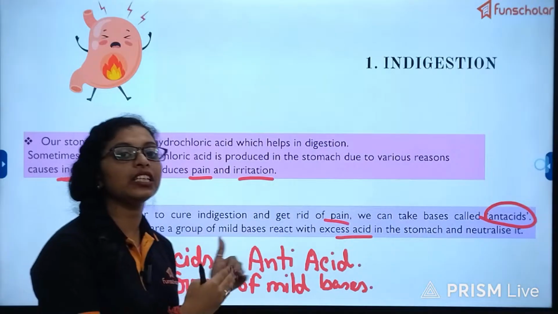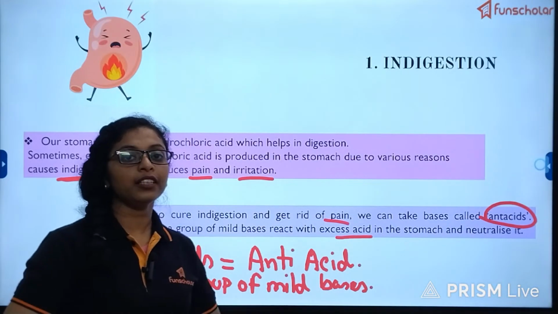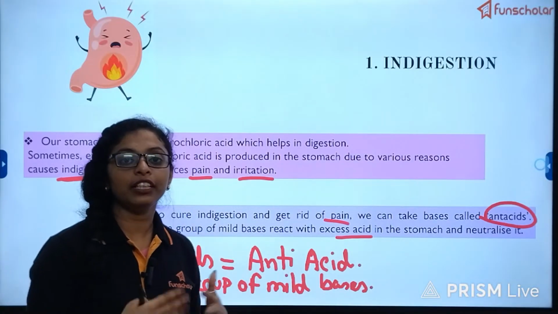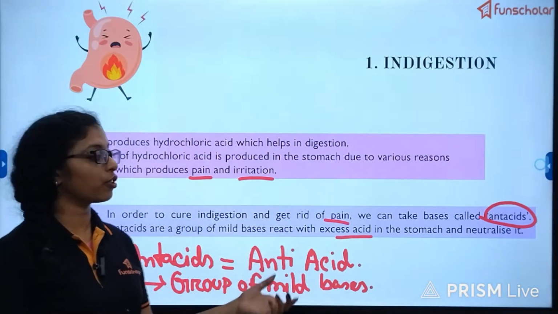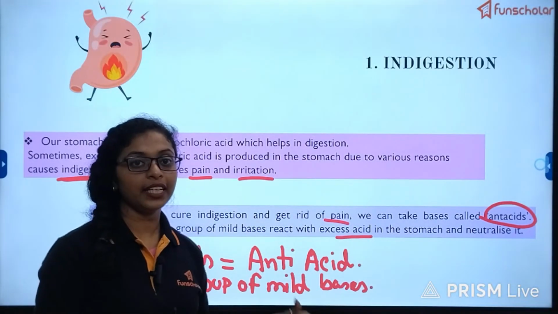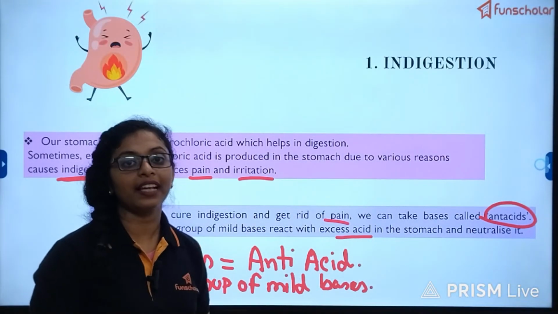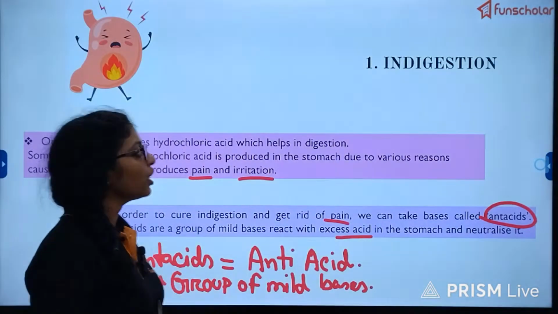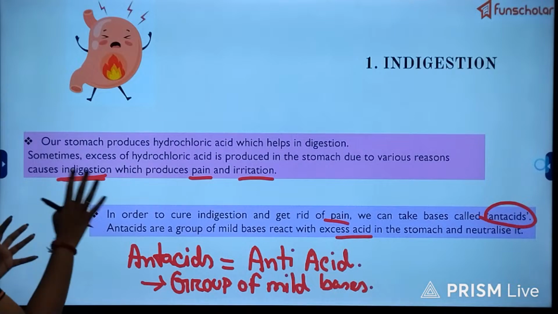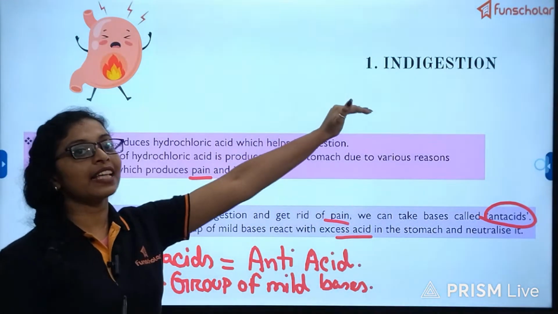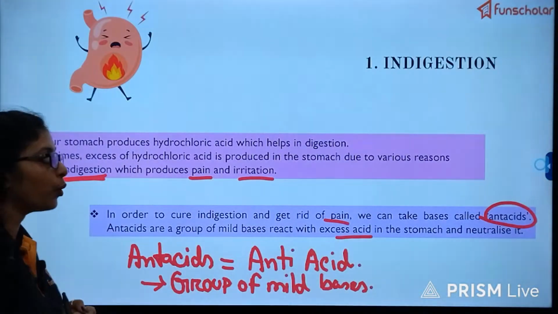It is cancelling each other out, and after that you get relief from that pain and irritation, because the neutralization reaction has already occurred and cancelled out the excess amount of acid in your stomach, right? So that is the entire mechanism that occurs when this acidity problem is happening in your body.